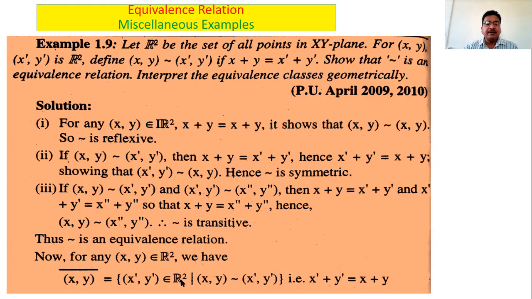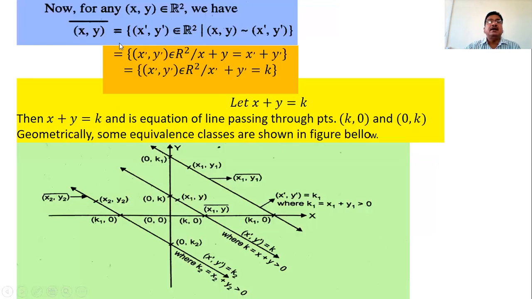So what is the definition of equivalence class? The equivalence class of an element is the set of elements from the same set which are related to this element (x, y). So the equivalence class of (x, y) is the set of elements from R² that are related to (x, y). Those elements which are related to (x, y) form the equivalence class of this (x, y).